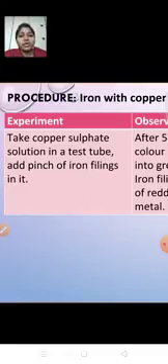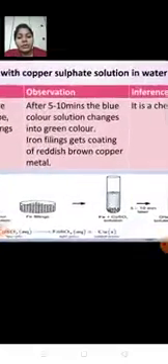And to this solution, we will add a pinch of iron filings. Now this experiment you have already done in your lower classes, but instead of iron filings, you used iron nails. Right? Iron nails were dipped in copper sulfate solution. Now let's see what happens.